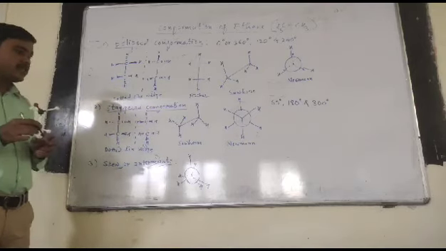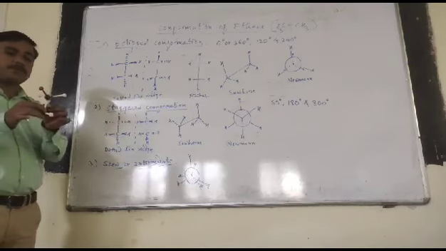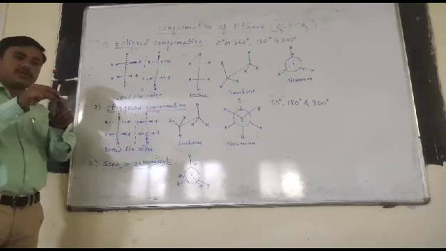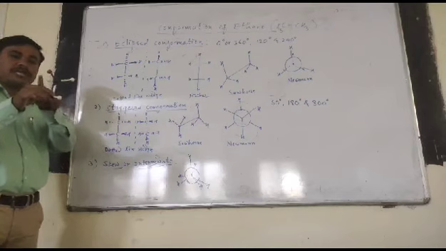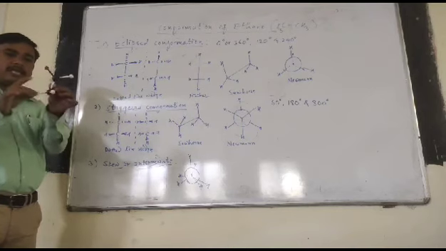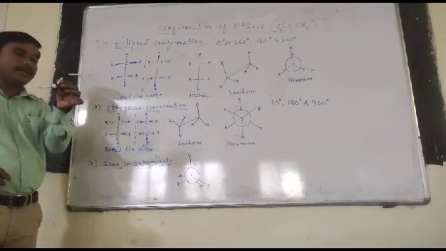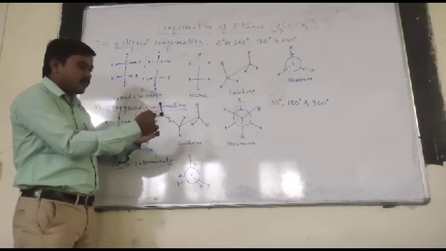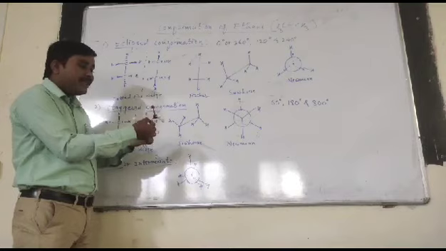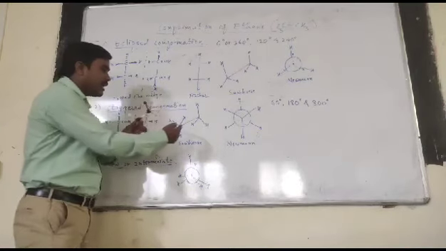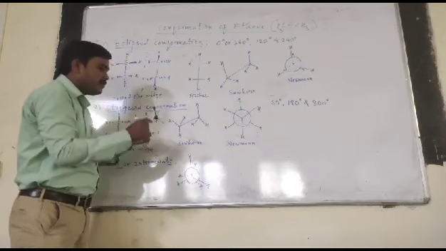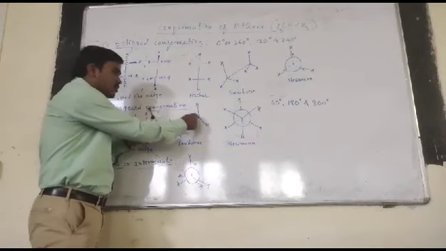Then the second one will be the sawhorse projection formula. In the sawhorse projection formula, suppose this is the structure of ethane in staggered conformation. Let us see. This carbon-carbon bond is represented by slightly inclined lines. Suppose this is the front carbon atom.